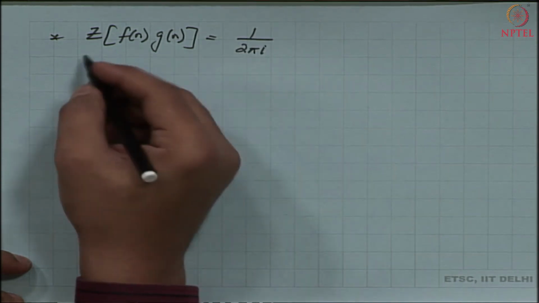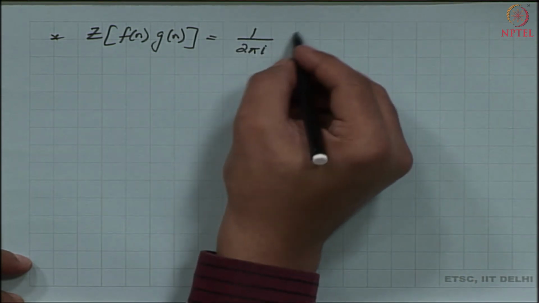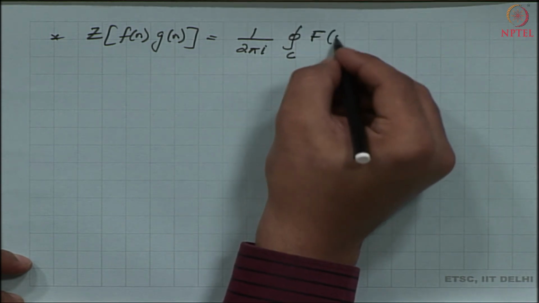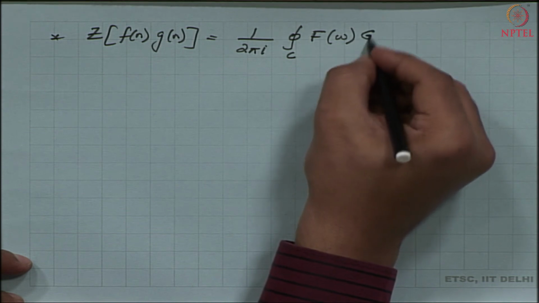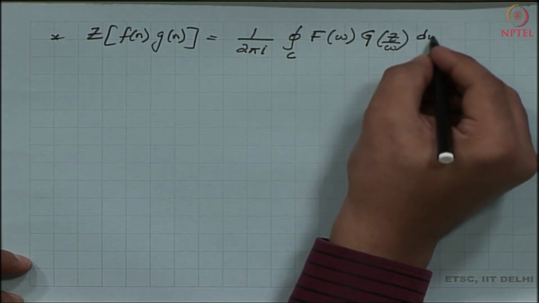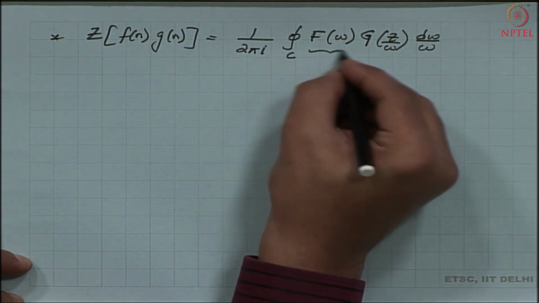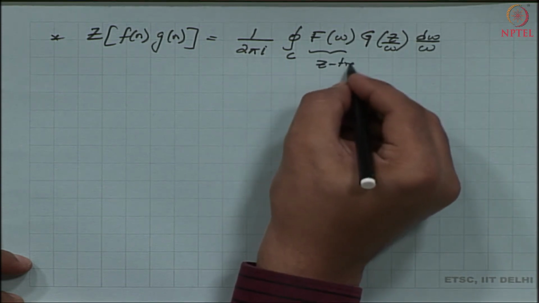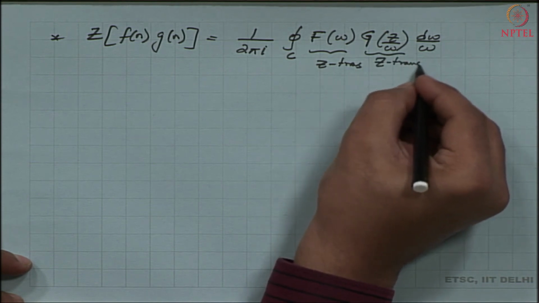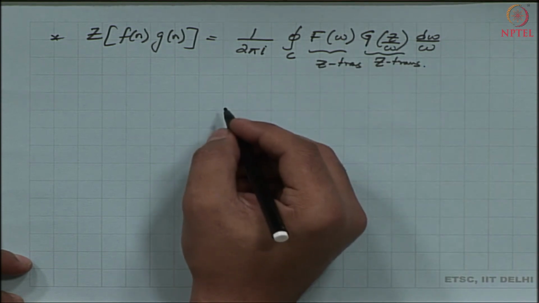I am just going to give you the result. This is given by this contour integral of f of omega times g of z by omega, d omega by omega, where these are the respective Z transforms.